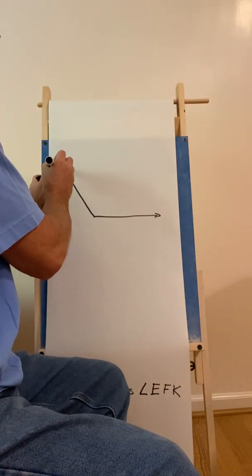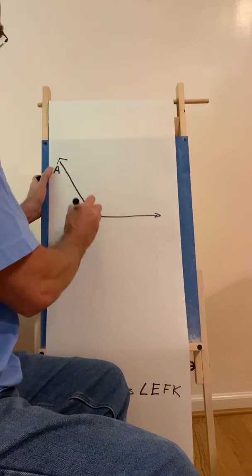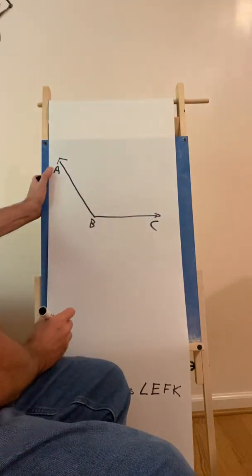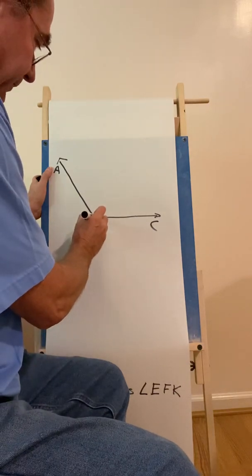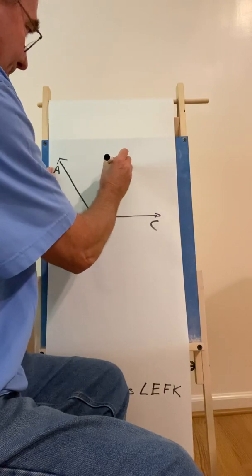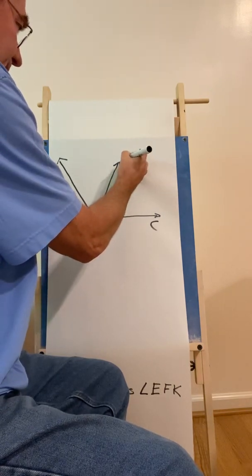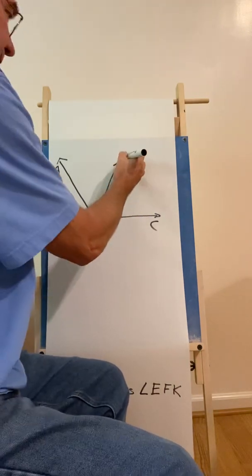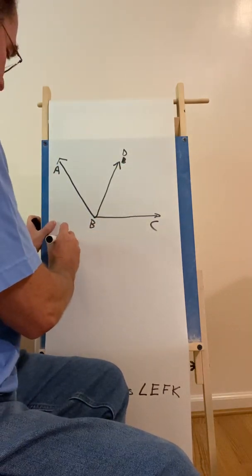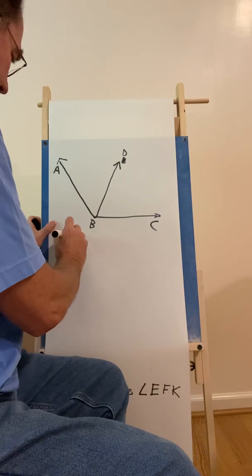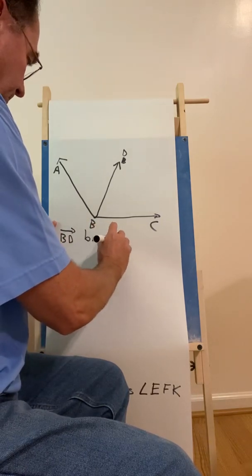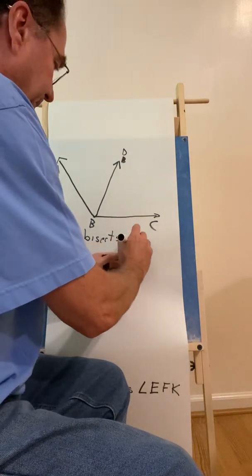Let's call this angle A, B, C. And I'm going to draw a bisector of that angle, BD. So BD bisects angle ABC.